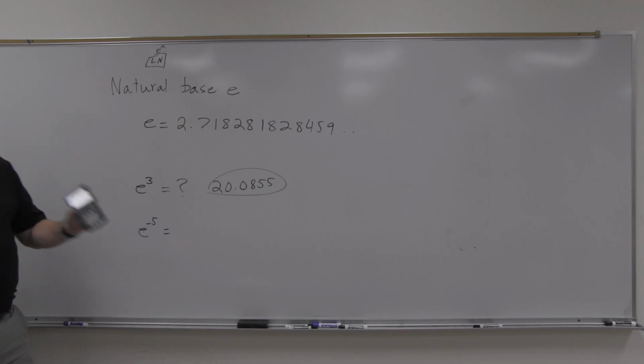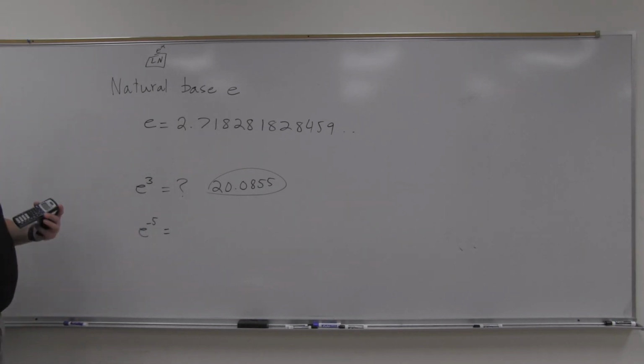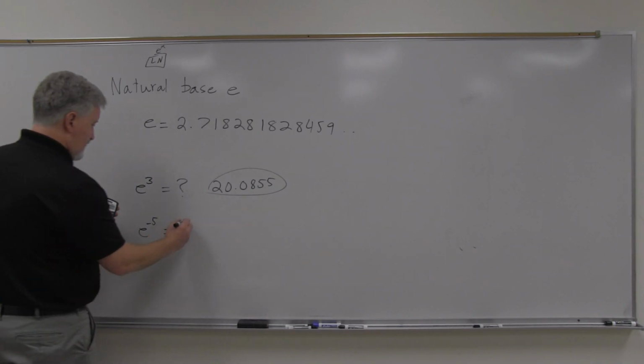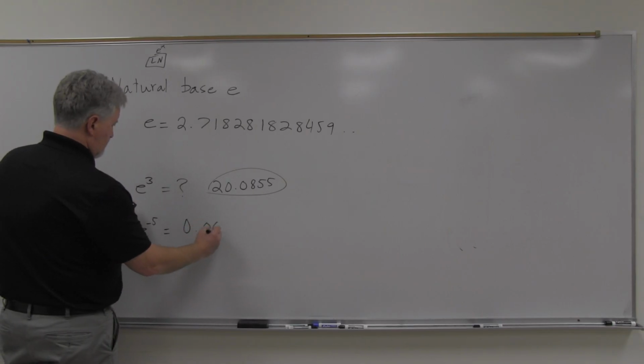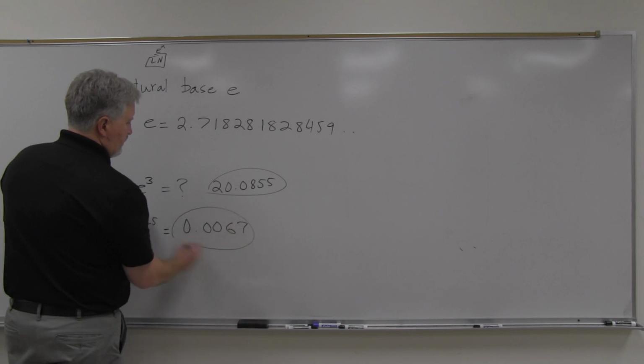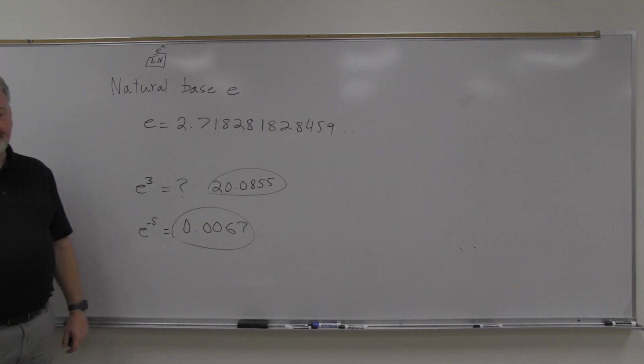You hit the negative button, which on mine is right below my 3. I wanted to mention that. So it gives me 0.067, approximately, to 4 decimal places.